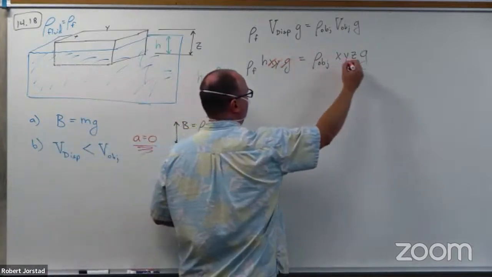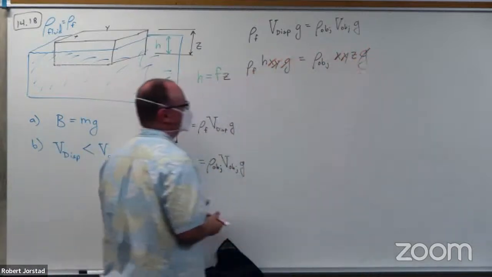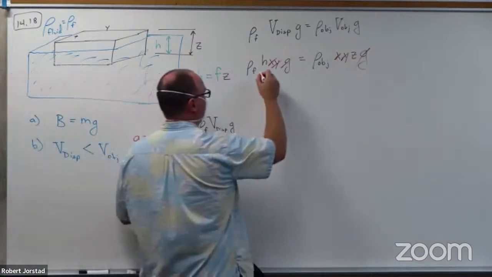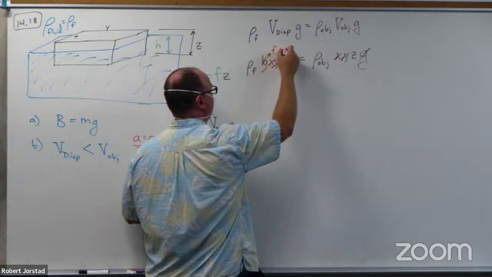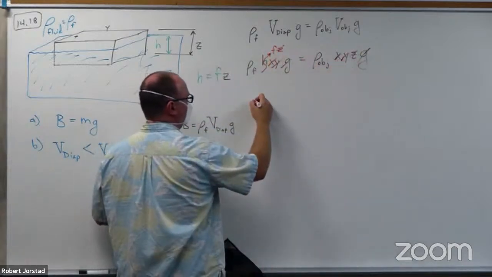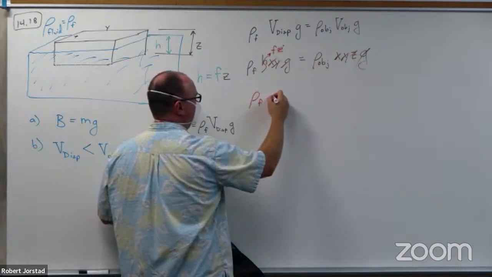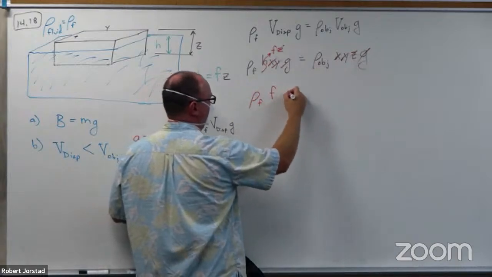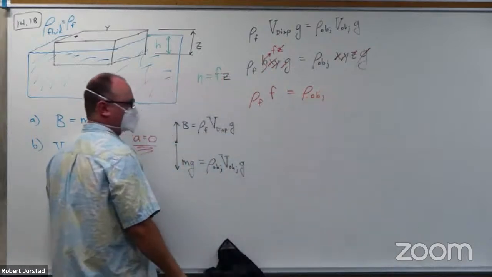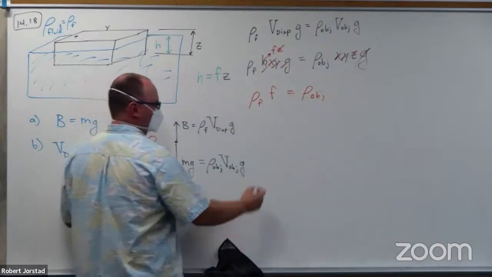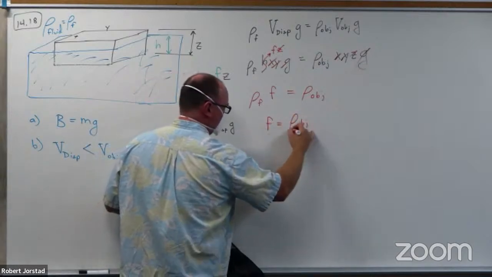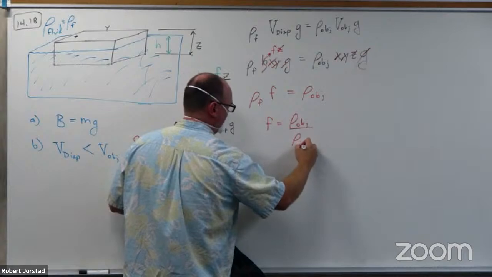X, Y, g, X, Y, g. If I plug in that H equals FZ, I could even cancel out the Z. And notice the density of the fluid times some fraction F. Said another way, the fraction is the density of the object divided by the density of the fluid.